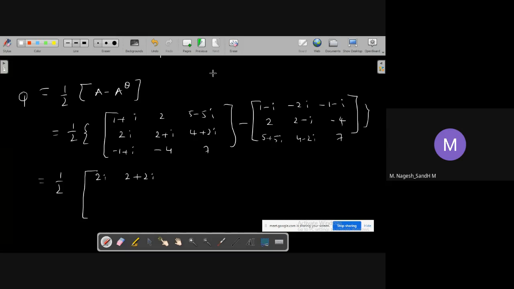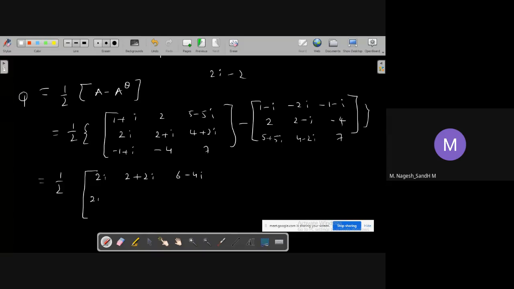Now 5 minus 5i minus of minus 1 minus i, what is the value? 6 minus 4i, very good. Next, second row, 2i minus 2.